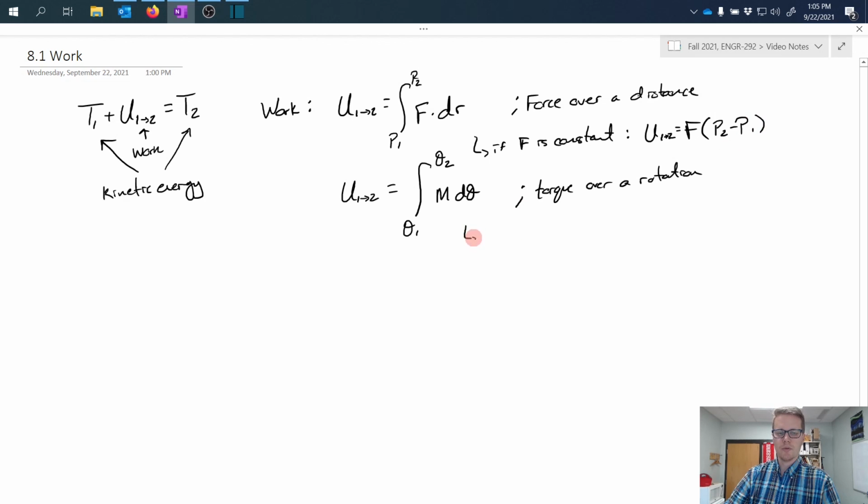And the same is true for moment. If M is constant, then we have the same expression.